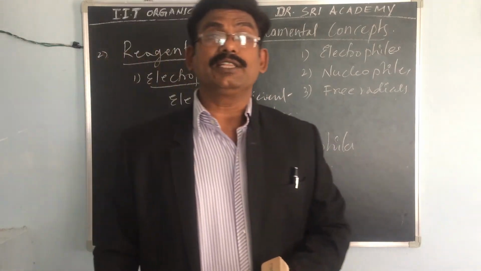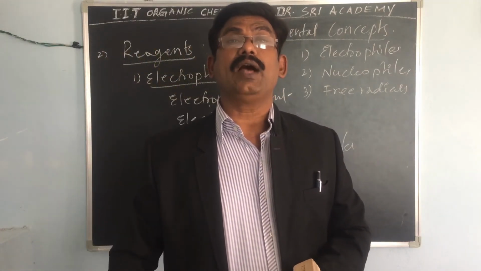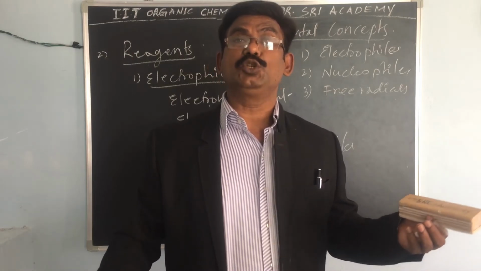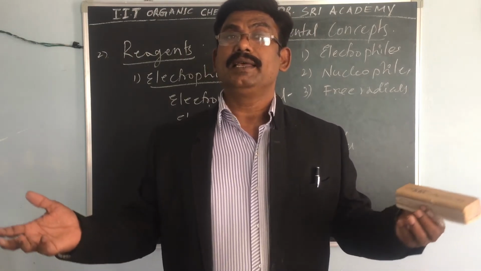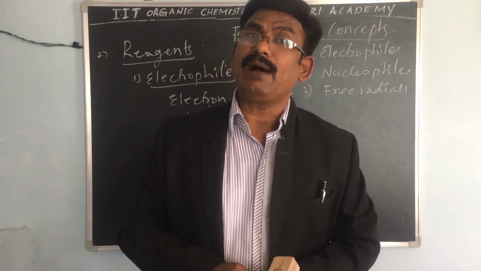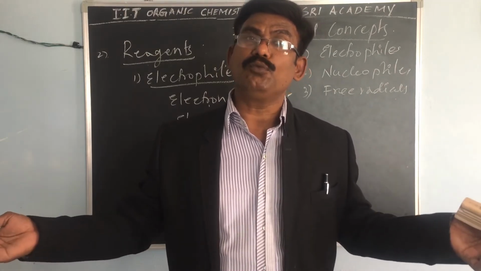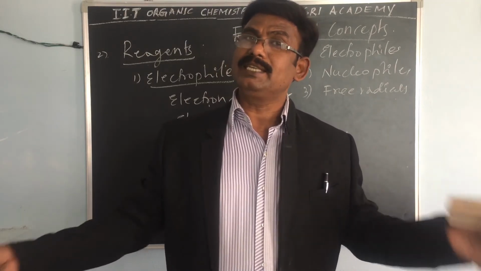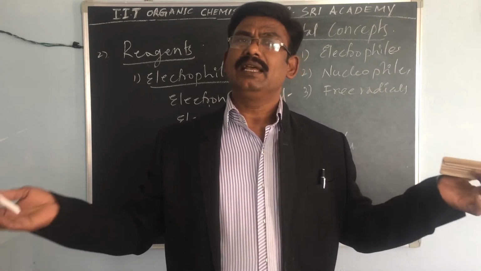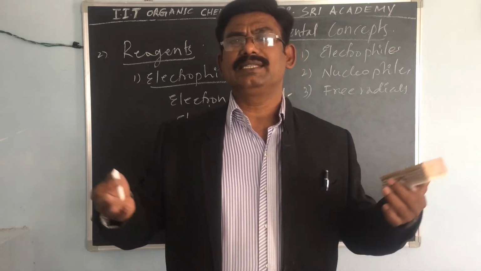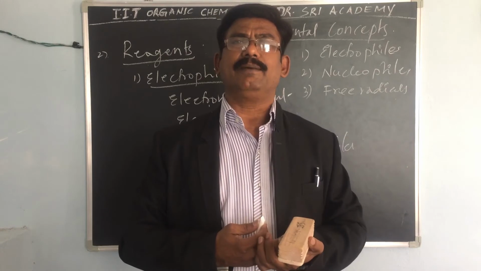What are the charged electrophiles? Just before I told you that positive is a charged one. Examples are H plus, Cl plus, Br plus, NO2 plus, R3C plus, NO plus, the phenyl diazonium ion, SO3H plus, and many more.